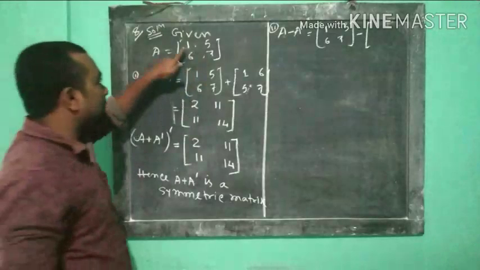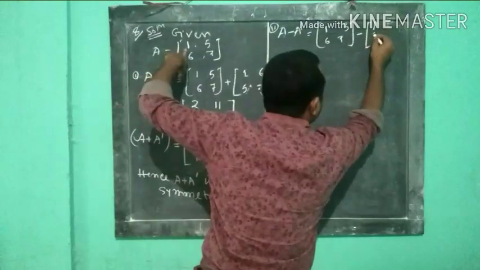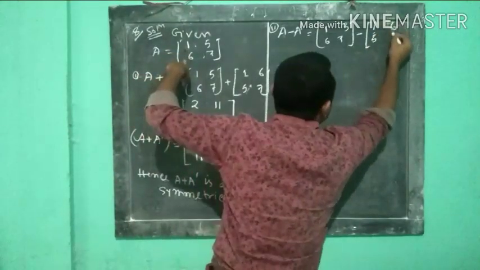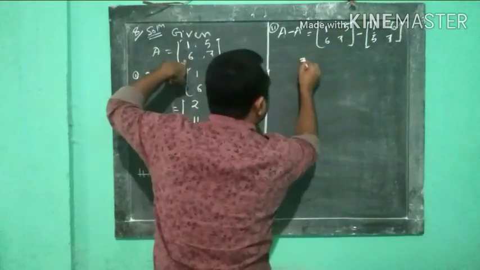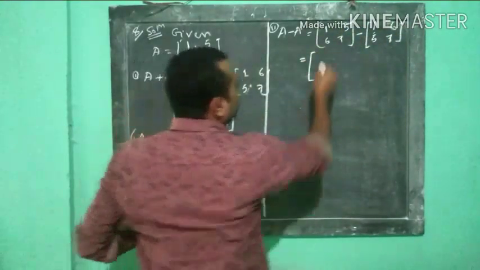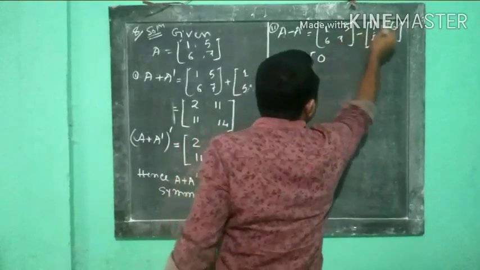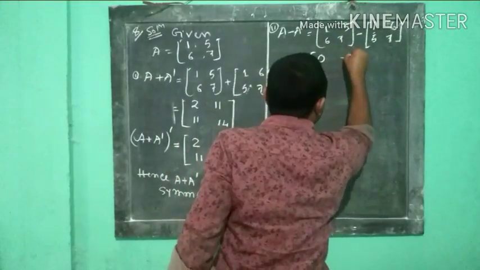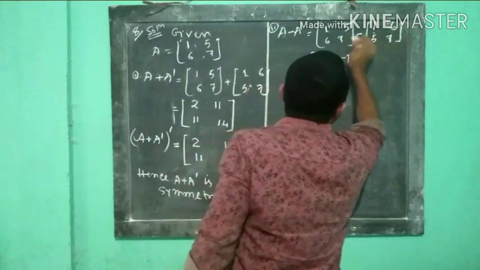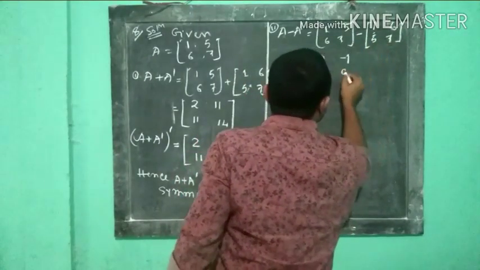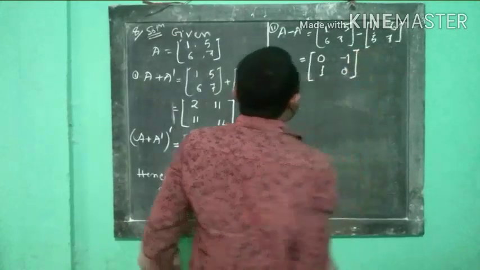By interchanging the rows and columns, 1, 5, 6, 7. This is equal to what? 1 minus 1 is 0, 5 minus 6 is minus 1, 6 minus 5 is plus 1 and 7 minus 7 is 0. This is A minus A transpose.